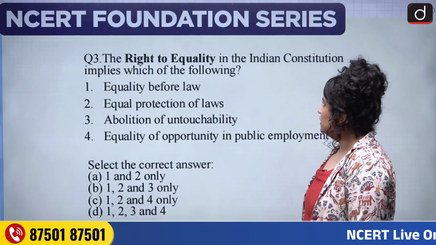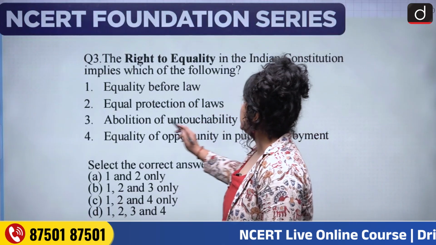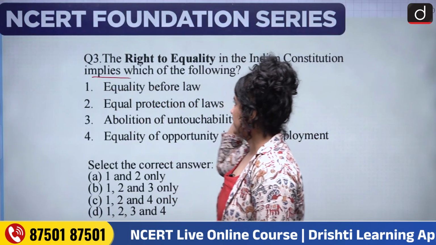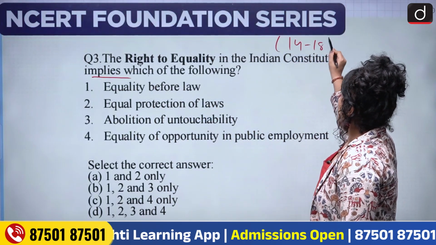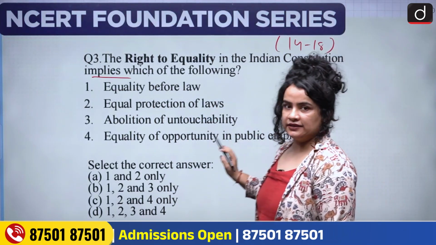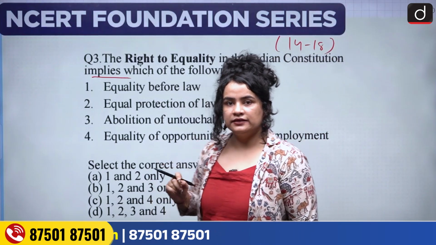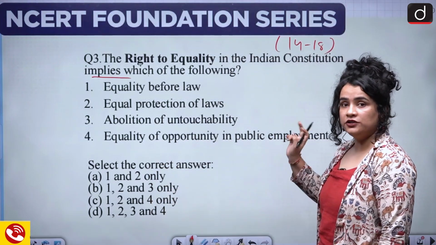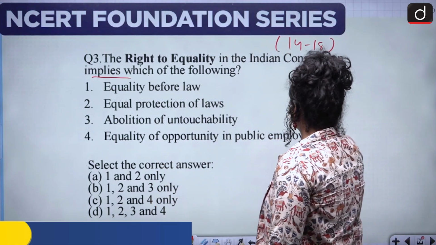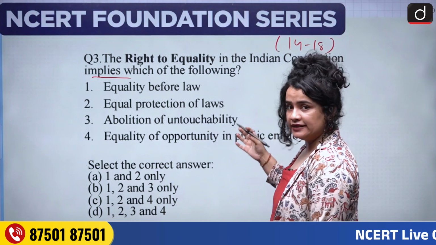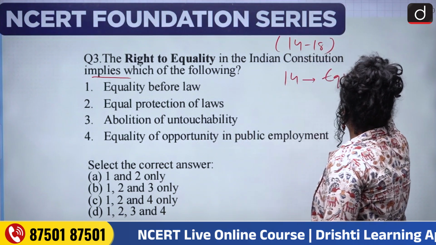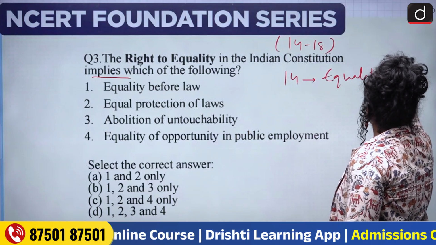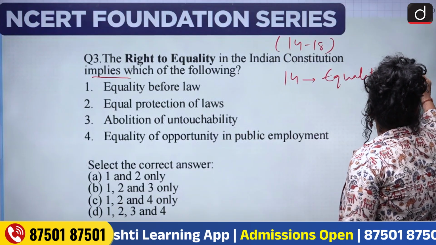The right to equality in the Indian Constitution implies which of the following? Now, right to equality we have just discussed, Articles 14 to 18. Let's quickly look at what right to equality means or what it entails. So, Article 14 says equality before law and equal protection of laws.